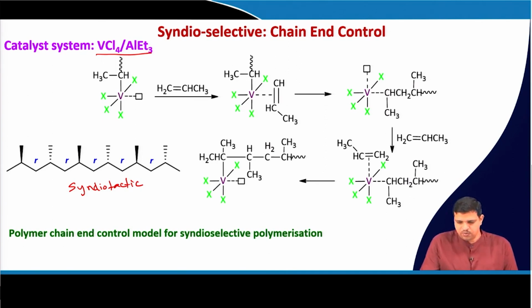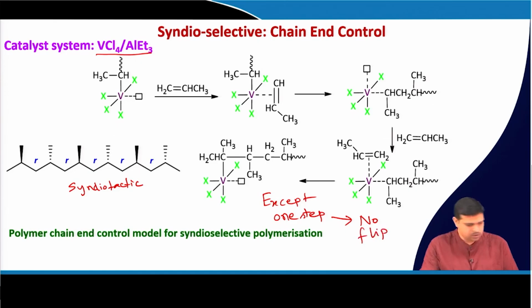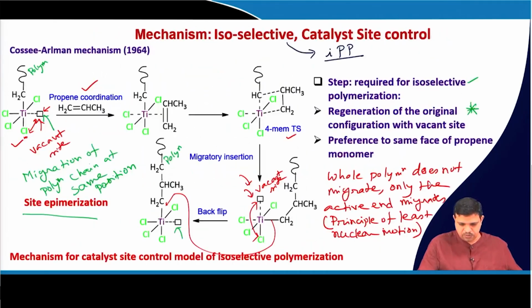So here you will see that all the mechanisms are similar except one step. Here, no flip. So here you will see for Ziegler Natta there is a back flip.